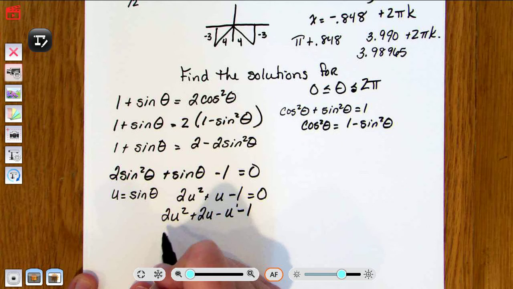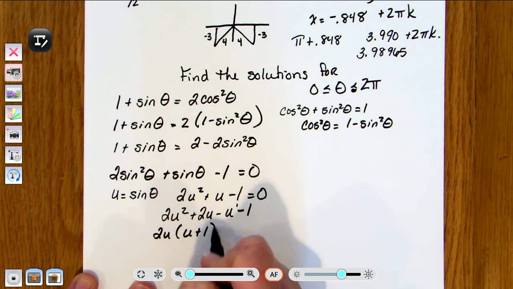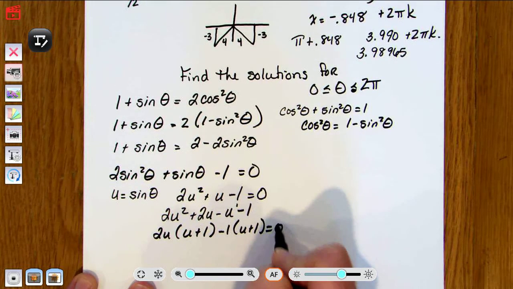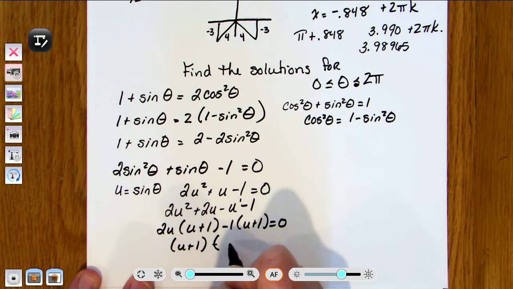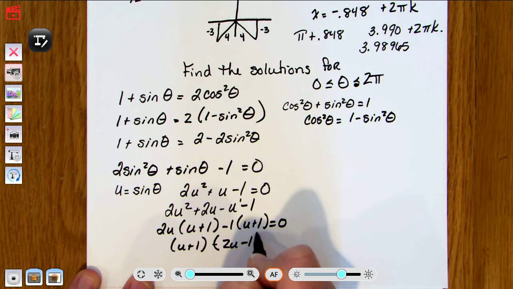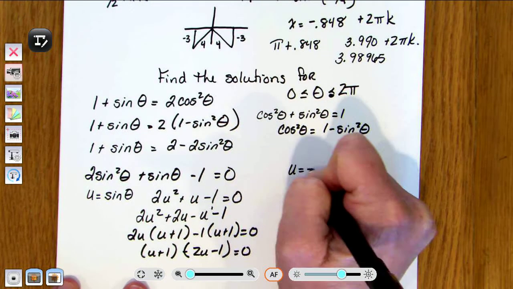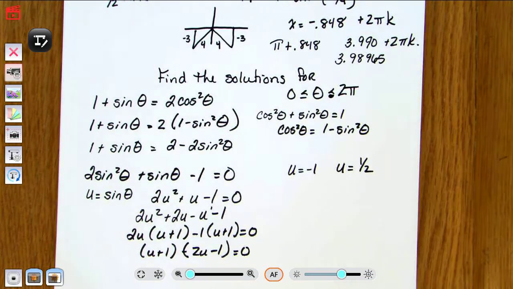So I'm going to factor out my 2u, u plus 1, factor out my minus 1, u plus 1 equal to 0 times 2u minus 1 equals 0. I'm going to go over here. U is equal to negative 1, or u is equal to 1/2.